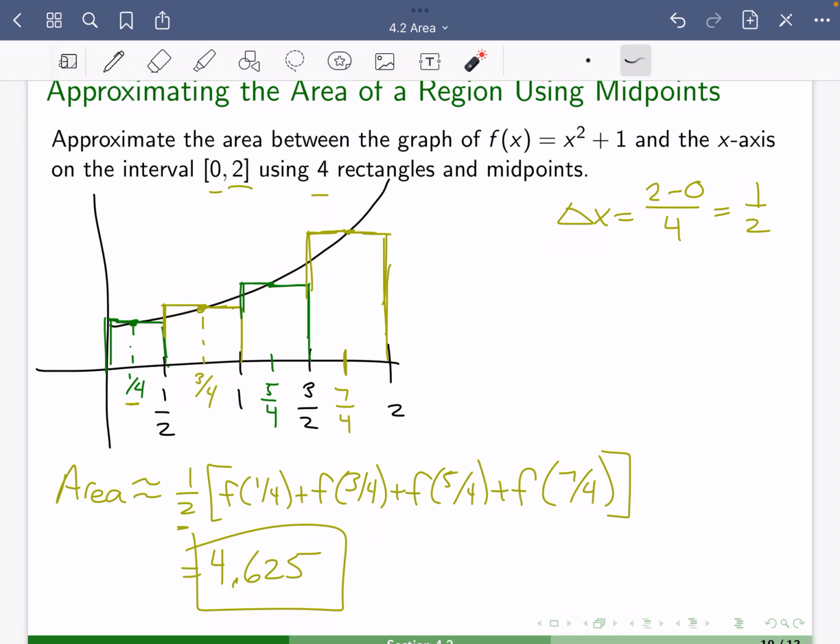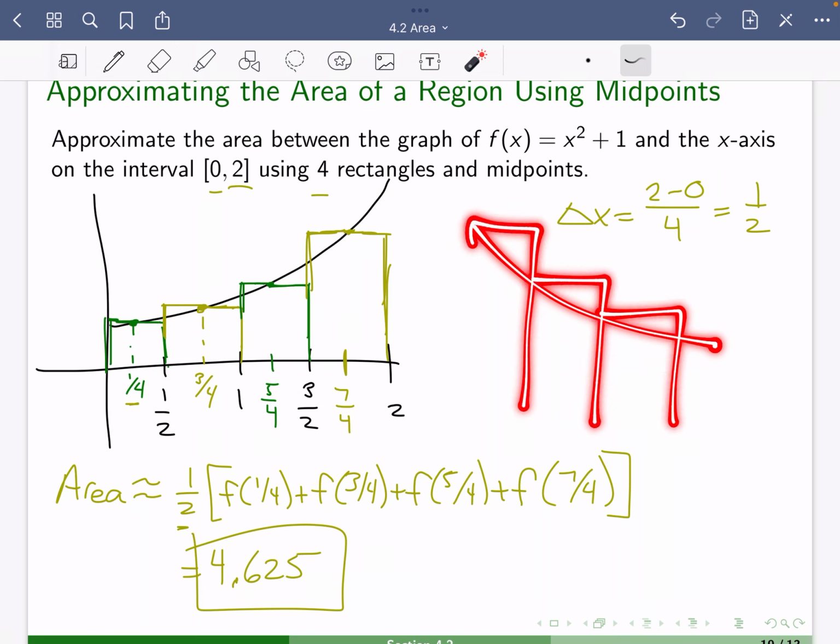Also with the over and underestimates, you might want to say, oh, so the left-hand endpoint is always an underestimate. That is not true. It's always an underestimate if you are increasing as you move left to right, because then your left-hand endpoints would always fall below the curve. But if you were decreasing as you move from left to right, then the left-hand endpoints would fall above the curve.